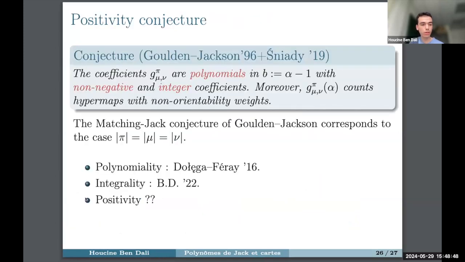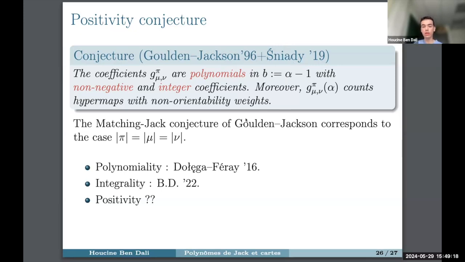So in the remaining 2 minutes, I will try to talk about another motivation of this differential equation, which is this conjecture, basically the conjecture of Goulden and Jackson, slightly generalized by Schniade in 2019, which says that these structural coefficients of Jack characters are polynomials with non-negative and integer coefficients, not in the parameter alpha, but in the parameter b, which is alpha minus 1.